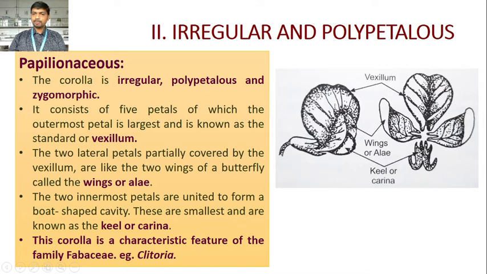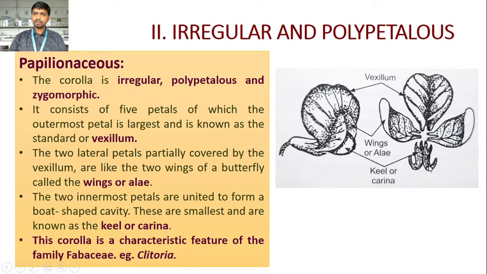The 2 innermost petals are united to form a boat shaped cavity. So they are united to form a boat shaped cavity, and these are smallest and are known as keel or carina. So this is the structure of the corolla, where the 5 petals are arranged. One is the largest, called the vexillum. The 2 lateral ones are partially covered by the vexillum, and look like a butterfly.